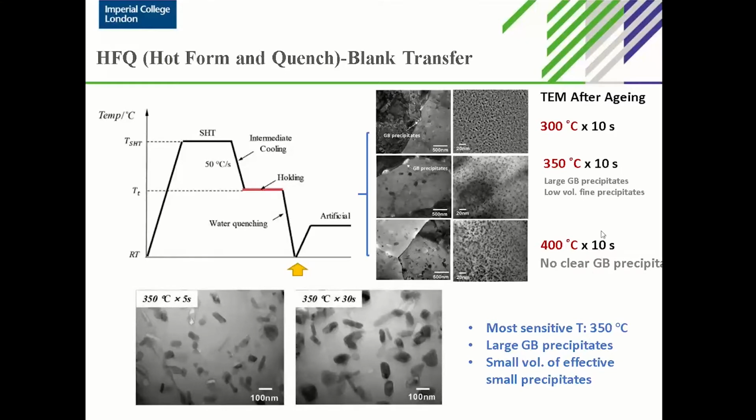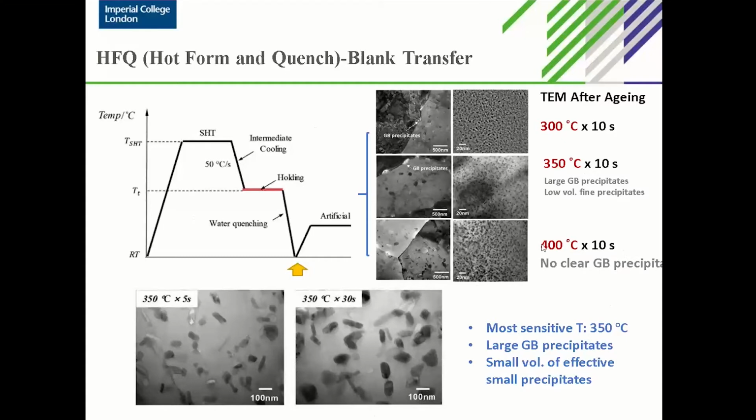What we can see is that for 350, we have very large grain boundary precipitates, and we also have big precipitates inside the bulk matrix. These precipitates occupy the elements. If we look at the main strengthening phase, the small precipitates in the bulk matrix, we find that a low volume of fine precipitates was formed compared to other temperatures.